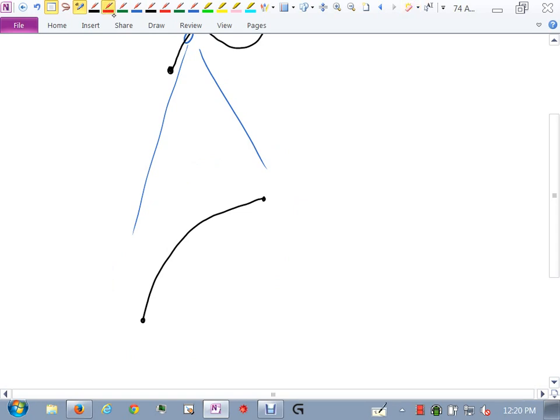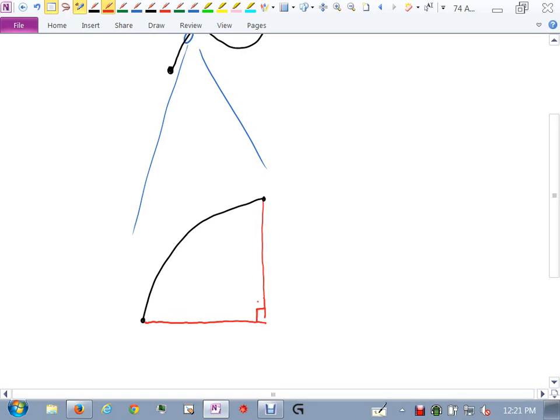Then if I construct a right triangle like this, now I've gone really small. Just like when we were doing the area under the curve, I drew a rectangle and I said the width is going to be really small. I've gone in here in a very, very narrow window.